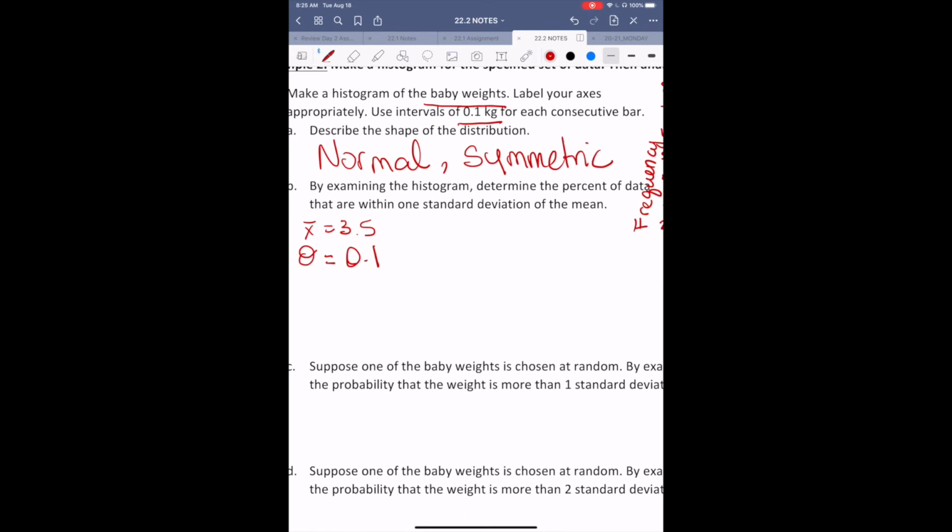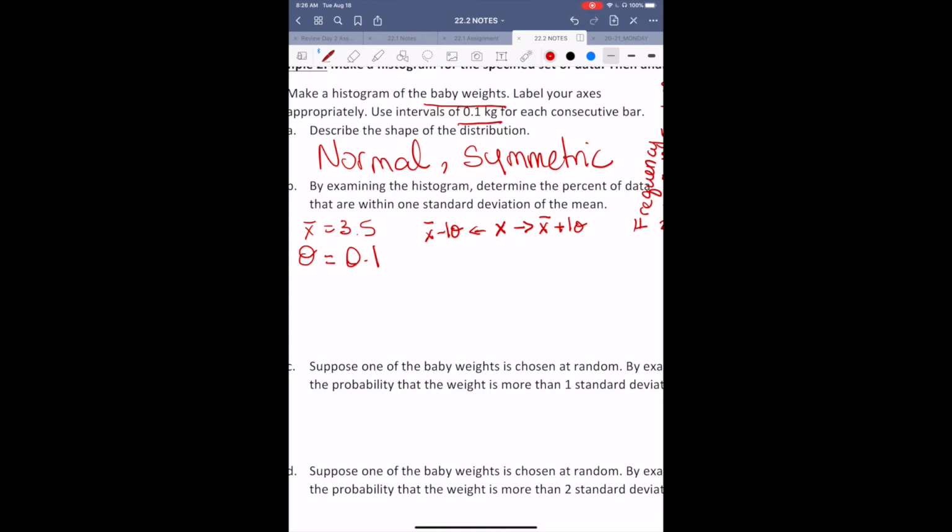Now, when we are talking about data within a standard deviation, that means we are going to take X as our data value, and we are going to find how many data items are above 1 standard deviation and below 1 standard deviation. So that means we're taking the mean and adding 1 standard deviation, and we're taking the mean and subtracting 1 standard deviation. Okay?